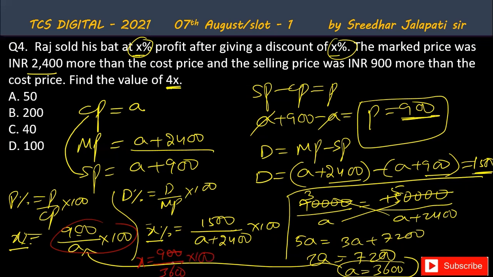These two zeros get cancelled, 9 ones, 9 fours, 4 ones, 4 25s. So we got x is equal to 25. But we are asked to find 4x. So 4 into 25, that is 100. So the answer is option D. It appears a little clumsy, but you just have to follow the basic concept of profit and loss.